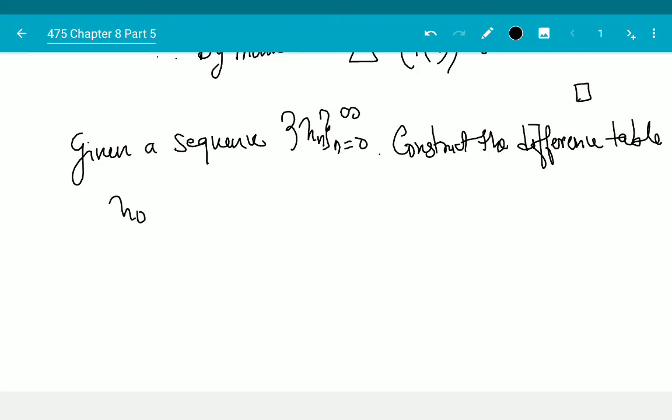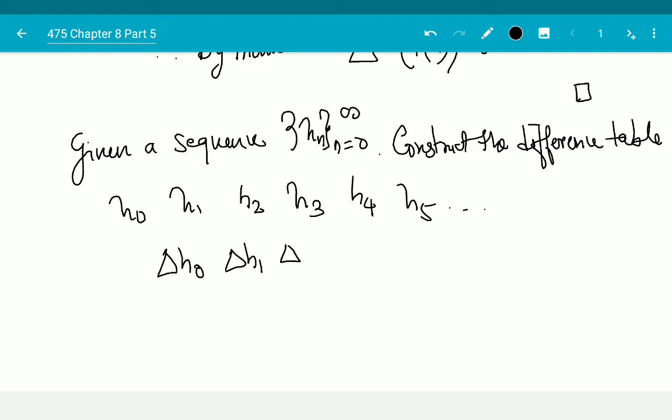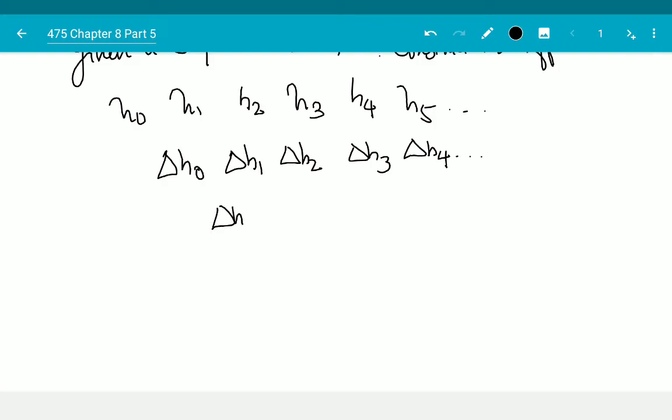Well, it's going to look like h0, h1, h2, h3, h4, h5, and so on. Then delta of h0, delta of h1, delta h2, delta h3, delta h4, and so on. Then delta squared h0, delta squared h1, delta squared h2, delta squared h3. Okay, maybe I'll just write it in the proper place.